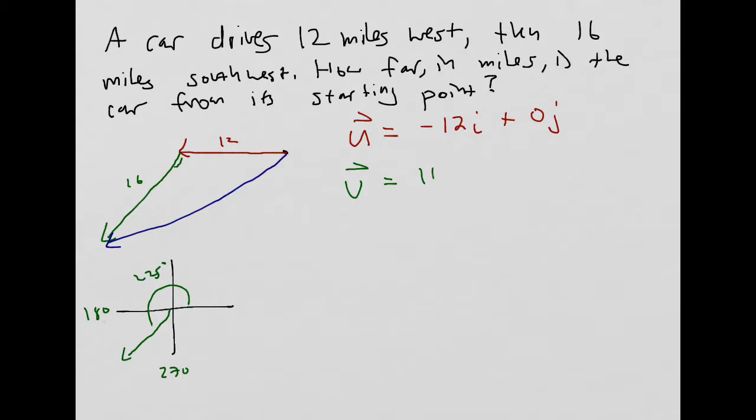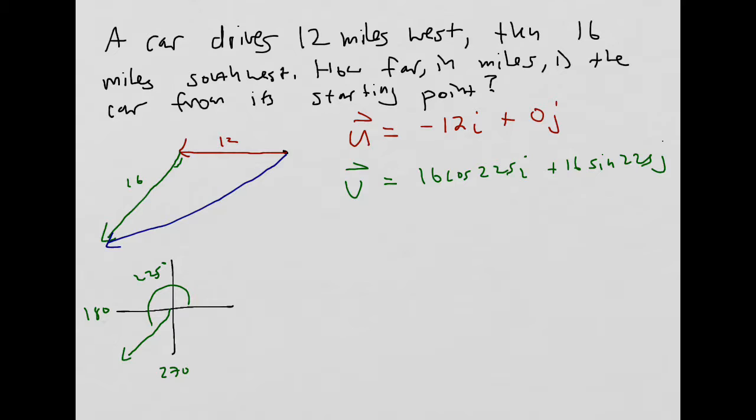We can do 16 times cosine of 225, that would be the horizontal component, and then 16 times the sine of 225, and whatever that is, that would be the j component, or the vertical component. Make sure you understand why we got 225 here. Because this car is driving in the southwest direction, which is halfway in between 180 and 270. So based on the direction, you should be able to determine the angle.